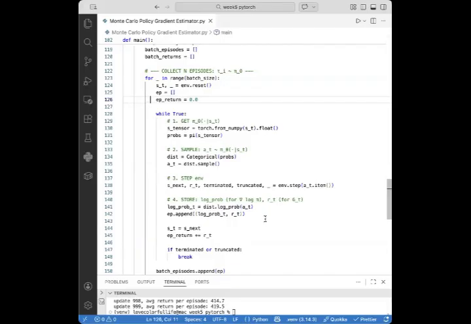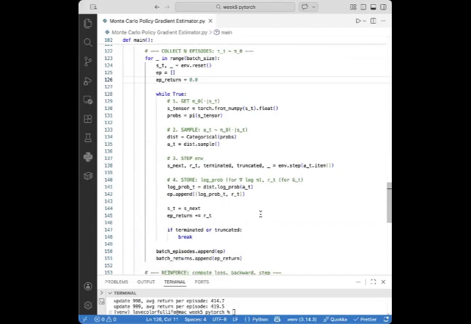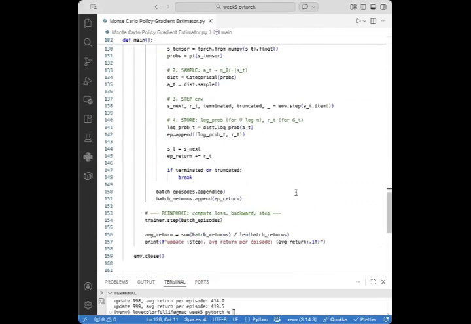We also store reward at time t for computing return G at time t later. So why log? Because the gradient is the gradient of log pi. If we stored prob, we'd have to take the log later anyway.